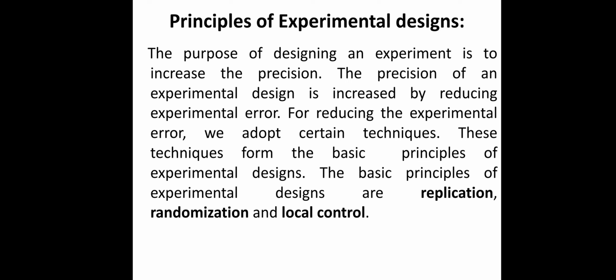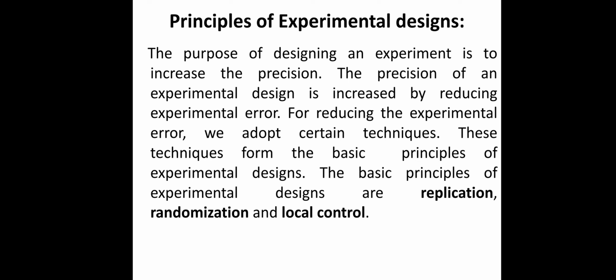Now, all these experiments are designed to increase the precision of the experimental design. To plan such designs, certain principles have been developed by the father of modern statistics, Ronald A. Fisher. So we'll be discussing them now.